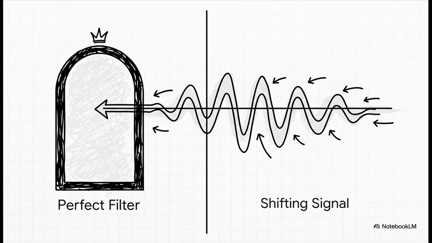Instead of building a super complex filter that moves, the engineers completely flipped the problem on its head. They figured out that it's way easier to build one perfect, super accurate filter that stays fixed at a single frequency. And then they just cleverly shift the entire signal you're trying to measure past that stationary filter's little window.